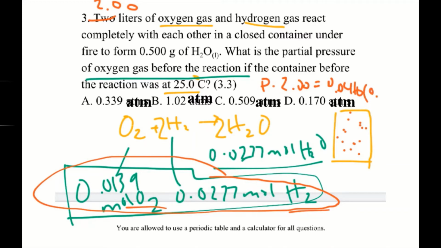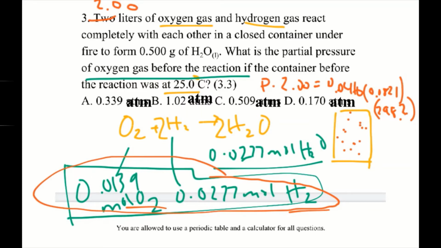We multiply by 0.0821, and then by the temperature, which is 25 plus 273.15, which is 298.2.